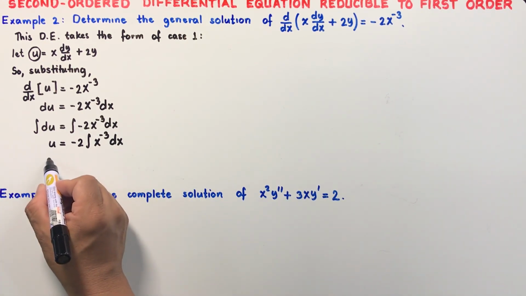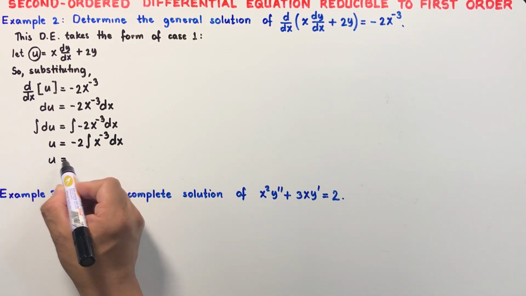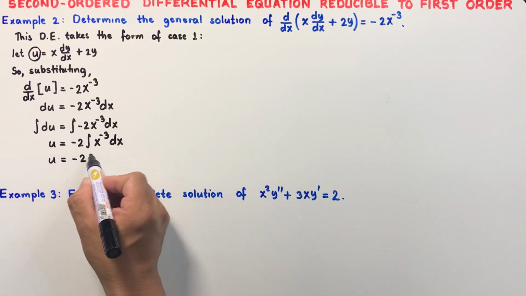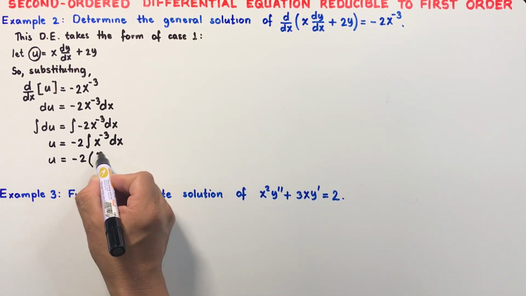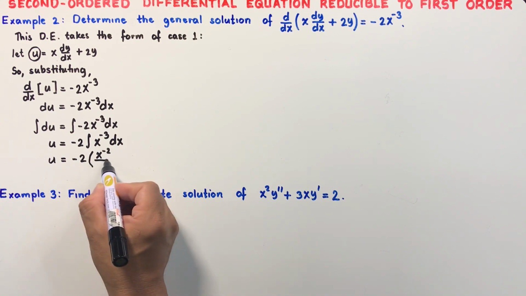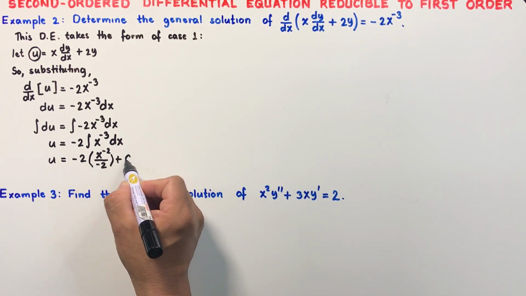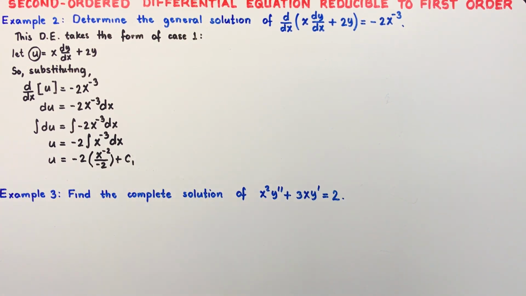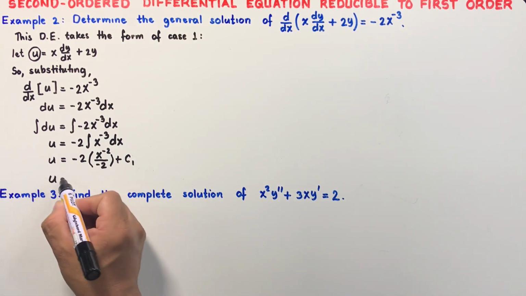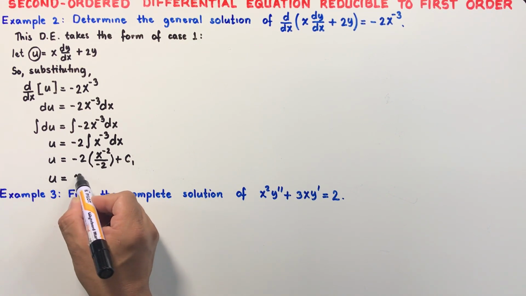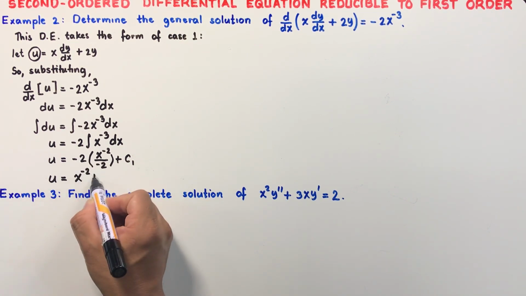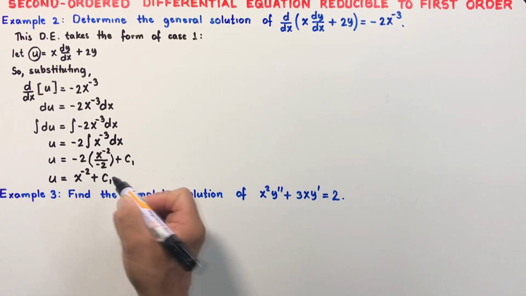And using the power rule in integration, we have negative 2 times x to the power negative 2 over the negative 2 plus the constant of integration c sub 1. So our u is equal to x to the power negative 2 plus c sub 1.